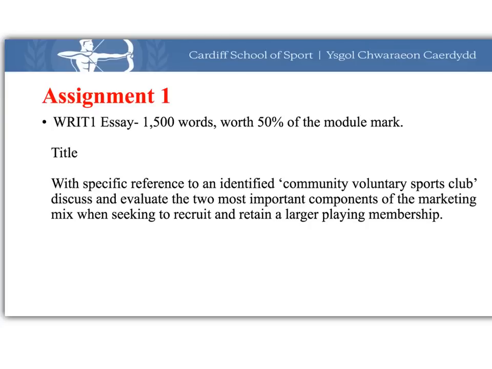The title outlined requires a selection of a community voluntary sports club. They can be hybrid clubs, including a community voluntary sports club within a professional sports setting, i.e. a leisure centre or sports centre, or indeed a private sports club that's in part run by volunteers.